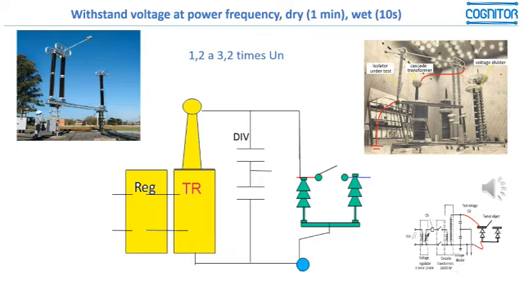This is a very interesting figure to understand how the test is done. On the right side, we have one voltage divider, we have the isolator under test, and you have everything there prepared for such a test, shown in the electric circuit in the middle.